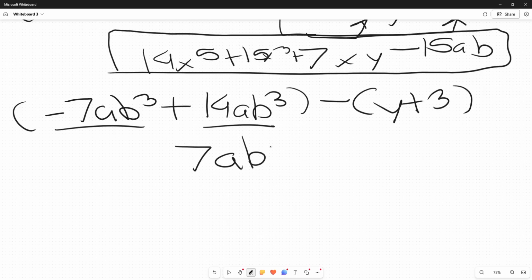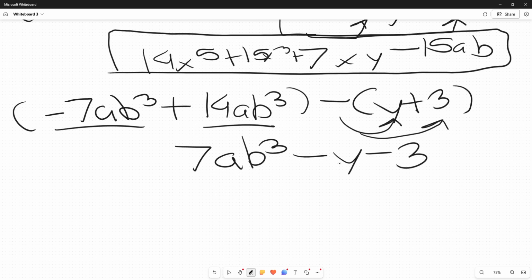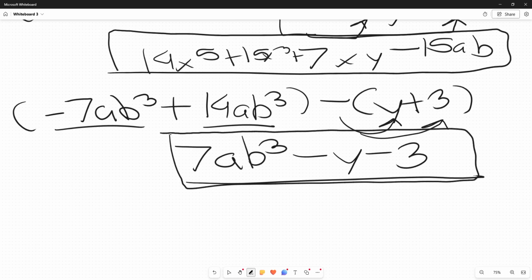So the final would be 7ab cubed, because 14 minus 7, that would be 7ab cubed. And here, as I said earlier, distribute the negative symbol, so that would be negative y and negative 3. So the final answer would be 7ab cubed and negative y and negative 3.